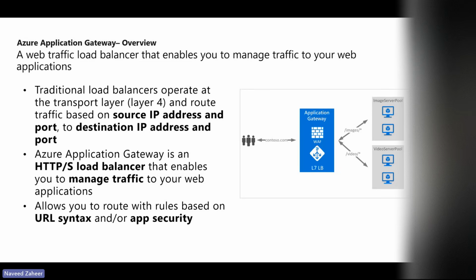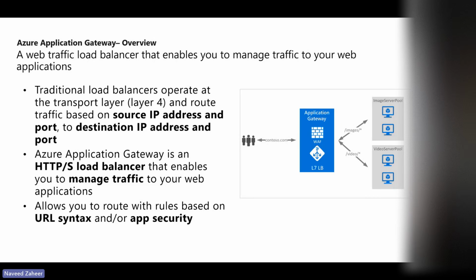On the other hand, Azure Application Gateway is a layer 7 load balancer. It does content-based, rule-based routing like URL syntax, and at the same time, it handles your HTTP, HTTPS traffic. This is not a software-based load balancer, it's an appliance.